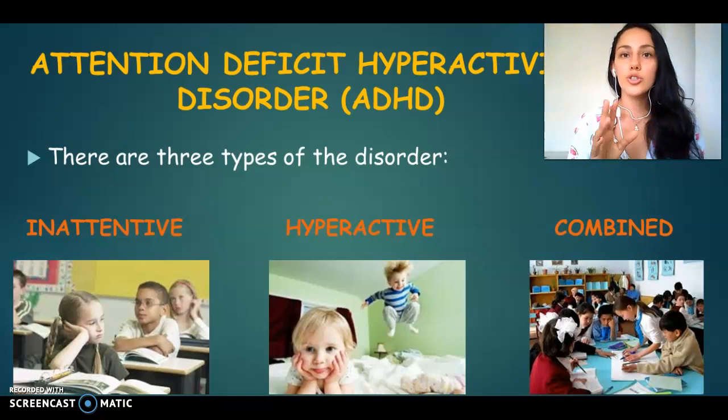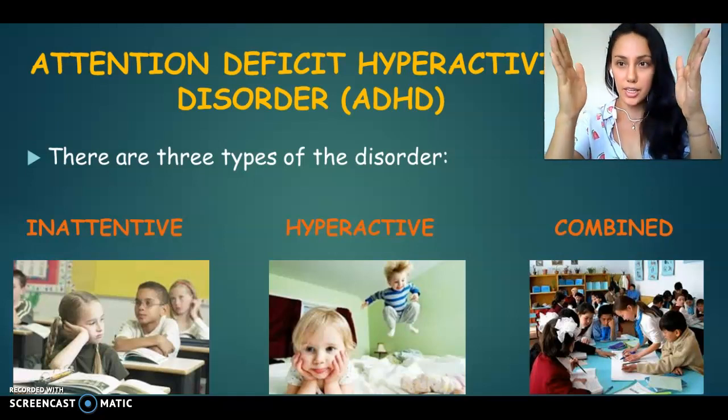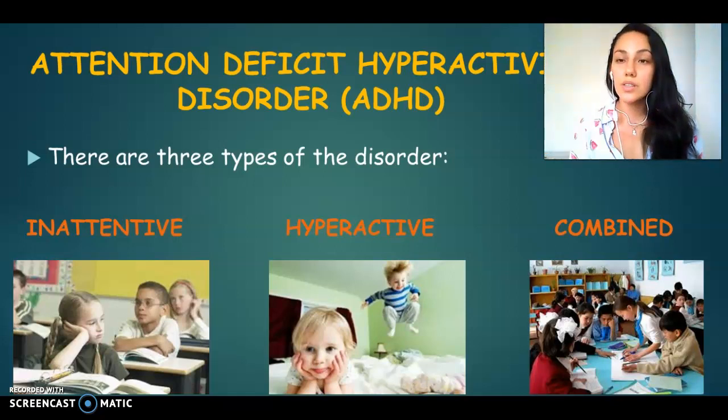Children show both hyperactive and impulsive behavior, but for the most part they are able to pay attention, and some symptoms of hyperactivity in children are has difficulty sitting still, playing quietly or relaxing, moves around constantly, often runs or climbs inappropriately, and talks excessively.